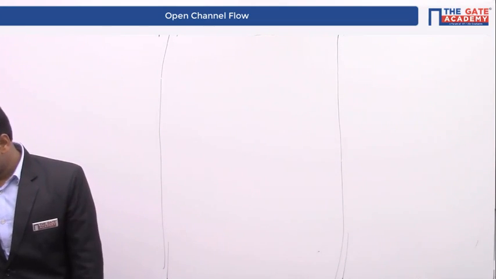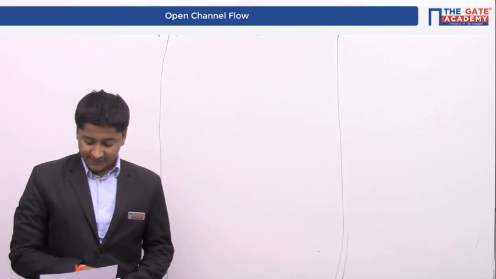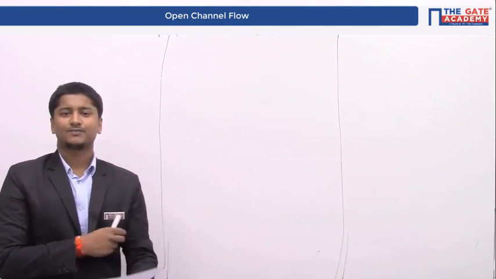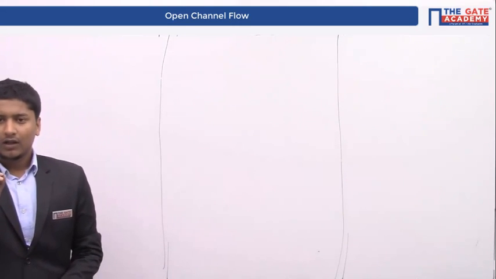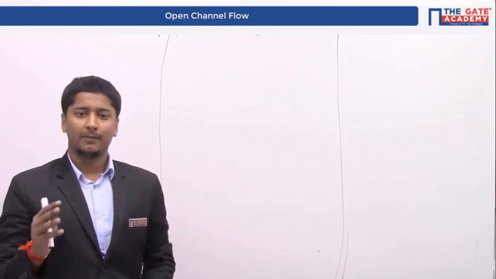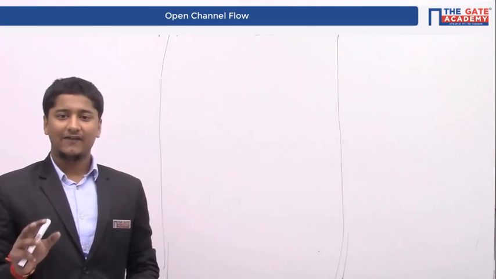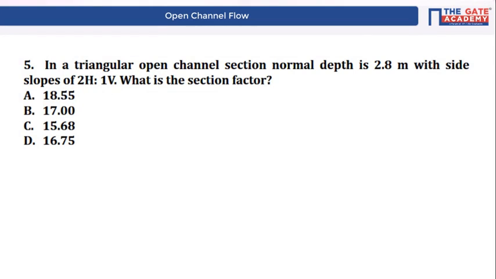Coming to the next question, that is on your board. This question is related to a small quantity, which may be new for you, or maybe you already know about this. That is section factor. What is that? I will tell you later. Before that, I will just read the question on your board. In a triangular open channel, normal depth is 2.8 meter with side slopes of 2H to 1V.